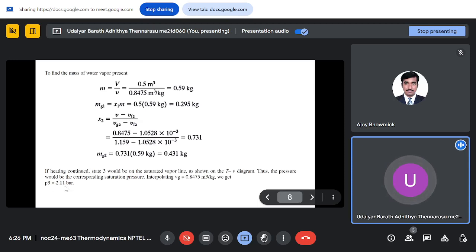So at 2.11 bar you will reach saturated vapor state, where the whole of the liquid which was present will get converted into vapor, and because this is a closed system, your specific volume at that state will be 0.8475, and that will correspond to your vapor state specific volume.